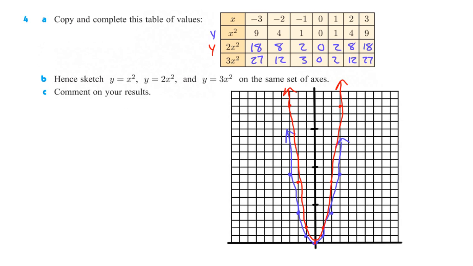And then this one here, let's do that in green. We're at negative 3 and actually 3 times as high, so 27, maybe up here or something like that. Negative 2 is going to be at 12. Negative 1 is going to be at 3.